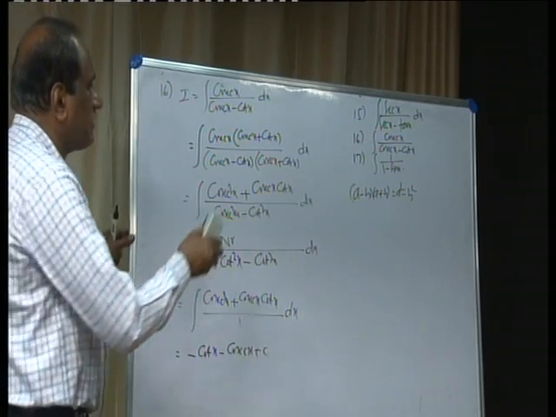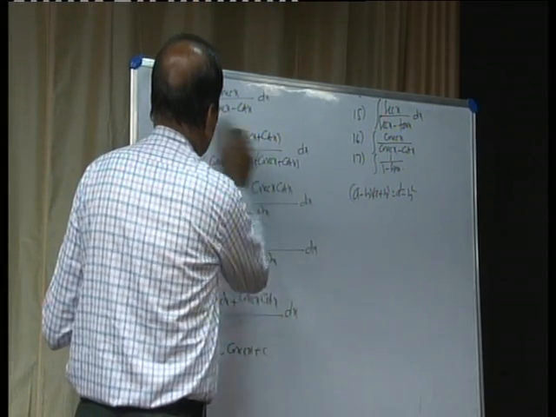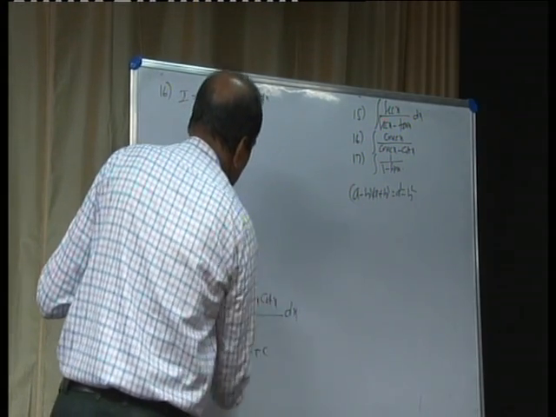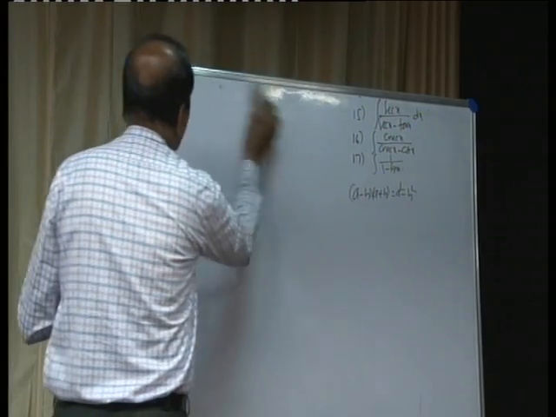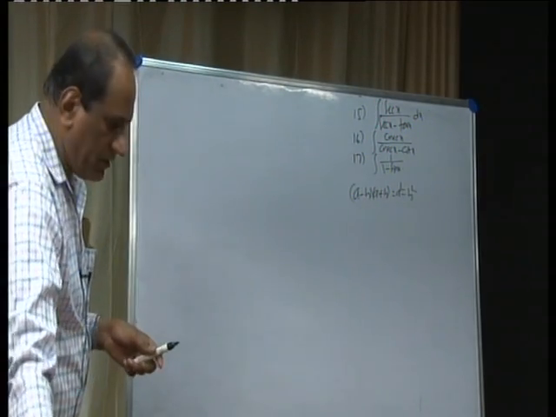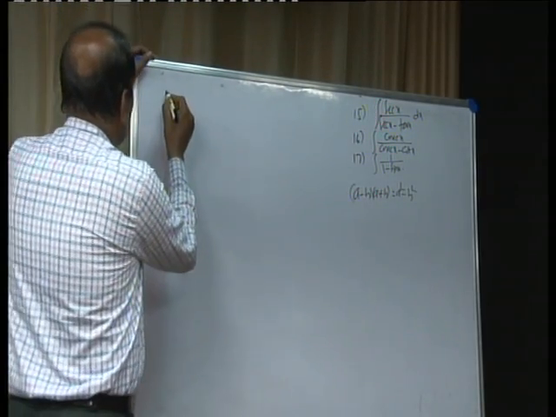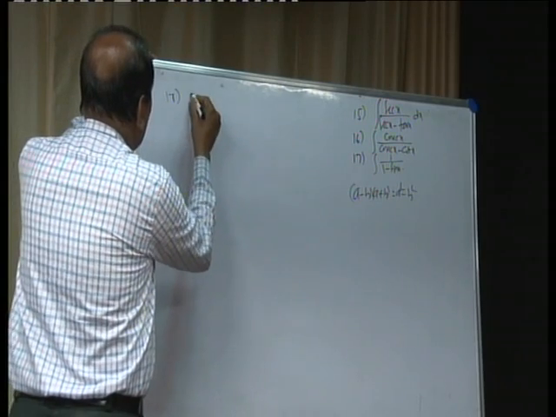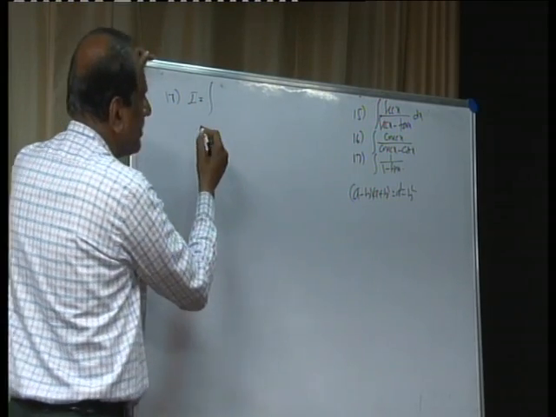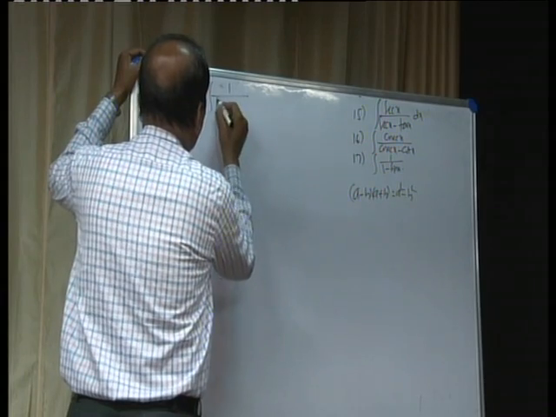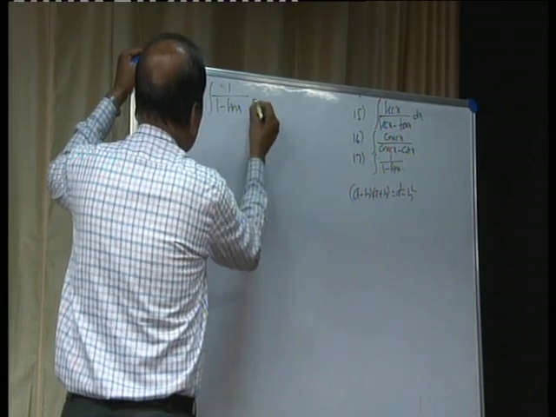One such problem is 1 by 1 minus sin x. So, next problem, rationalization once again: I is equal to integral of 1 by 1 minus sin x dx.